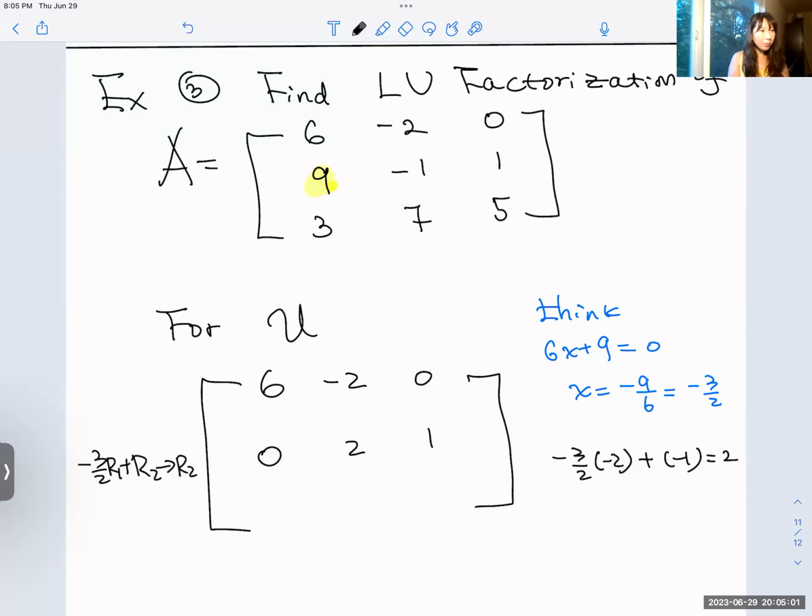Okay, now how about we want to make it 0. Very good, thank you. So we make 1/2 row 1, add 3, then replace that, right? So we get 0, 8, 5. All right.